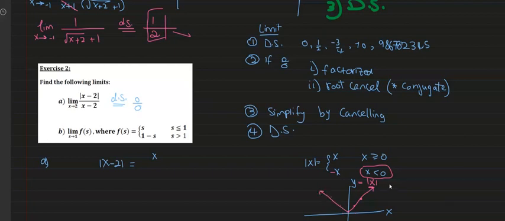Now let's reflect this work to the absolute of another function, which is x minus 2. The absolute will output x minus 2 if the x minus 2 is bigger than or equal to 0, and it will output negative x minus 2 if the x minus 2 is less than 0.